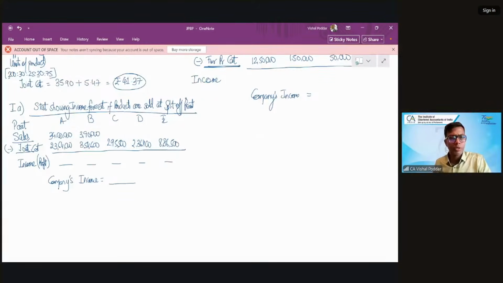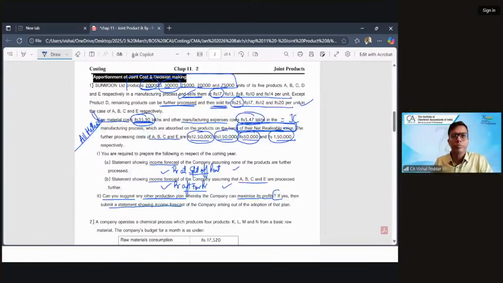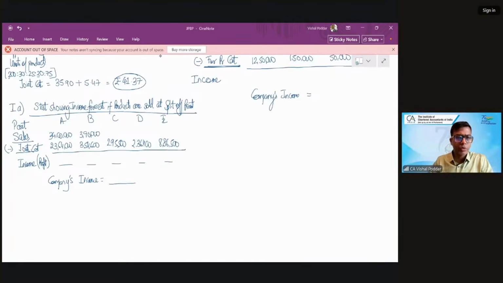34,390. These are the sale values given by Shamli. 2 lakhs, 2 lakhs. Please confirm, students, and 1050. These are given by Shamli. You can just cross verify and tell me whether these are correct. Okay, these are the sale values.